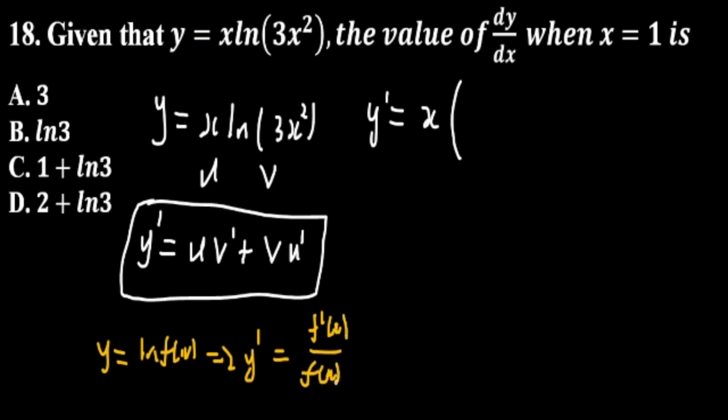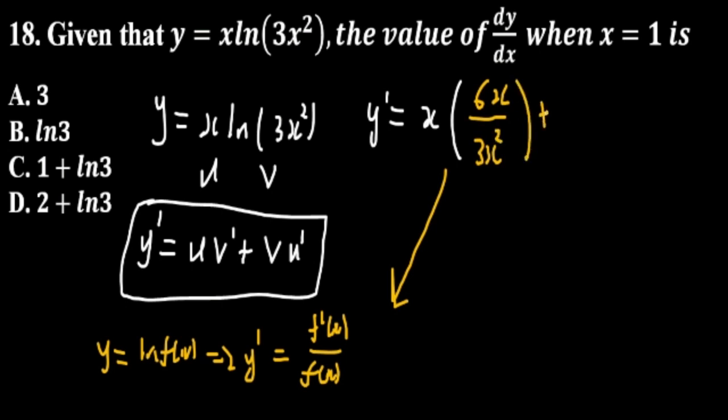That is the basic definition of differentiating natural log functions. So in this case, we differentiate 3x squared, I get 6x, and now I divide by the function itself, 3x squared.